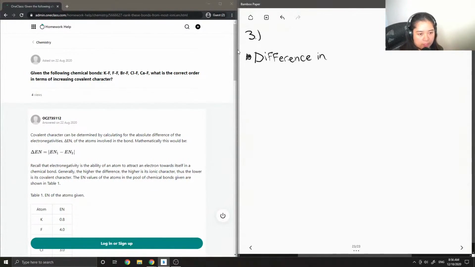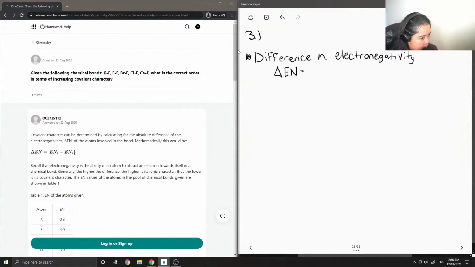So each atom has a certain electronegativity value. And when we take the difference between the two of them, which can be shown as delta En, this can tell us how covalent the chemical bond is.